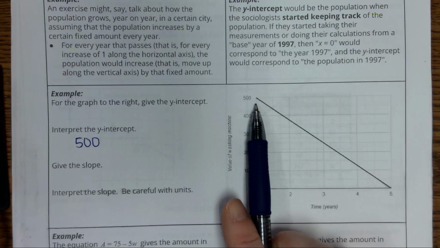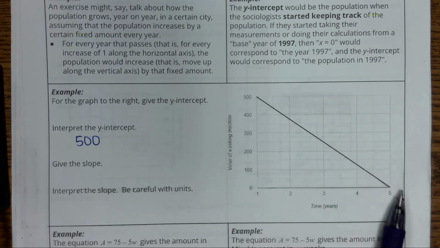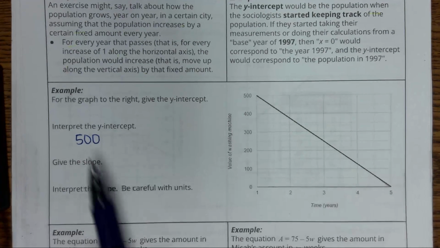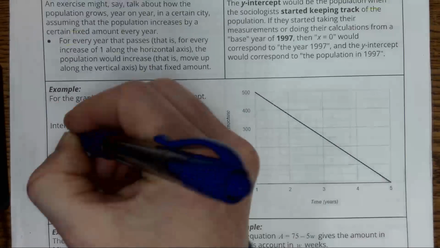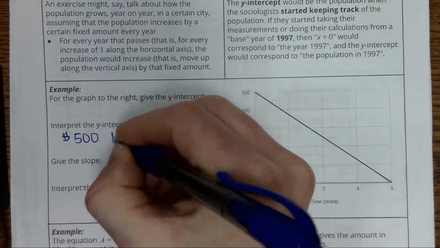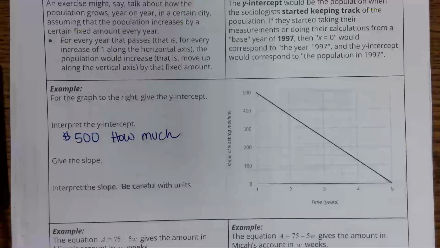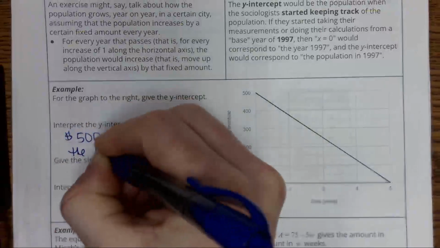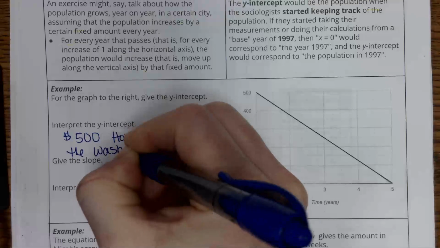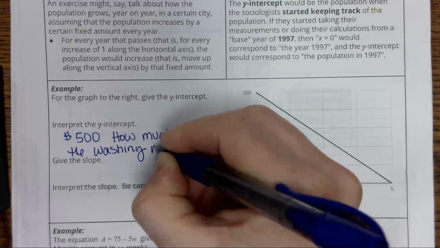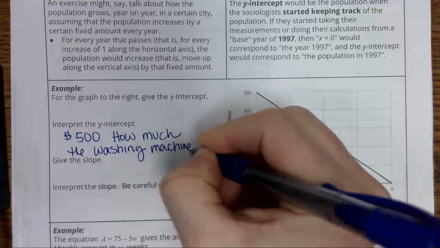And as years go on, it gets older, right? Kind of like a car. Yeah. So that's why this is going down. So what does this 500 mean then? Yeah, you're on the right track, how much the washing machine costs initially.